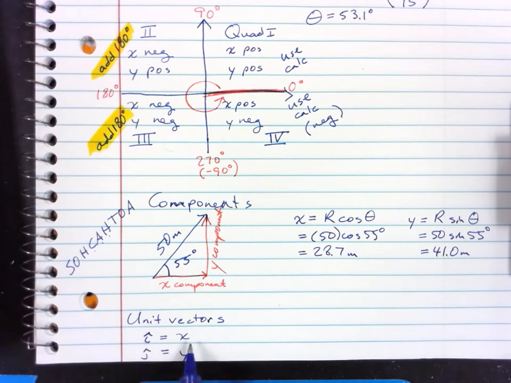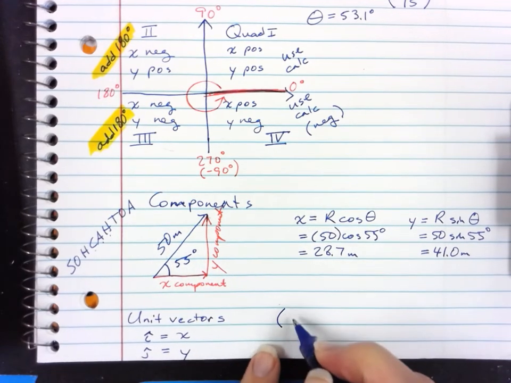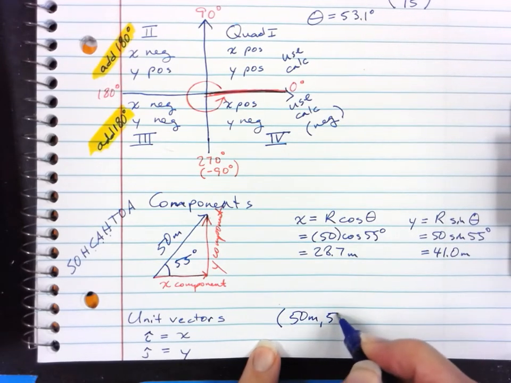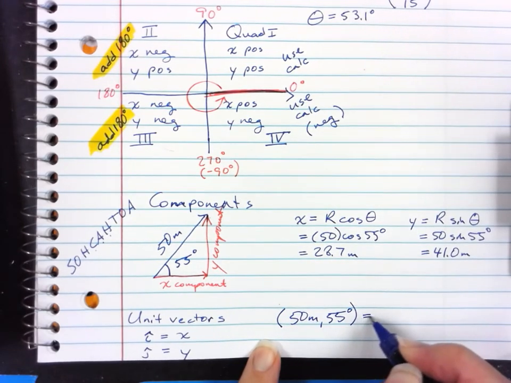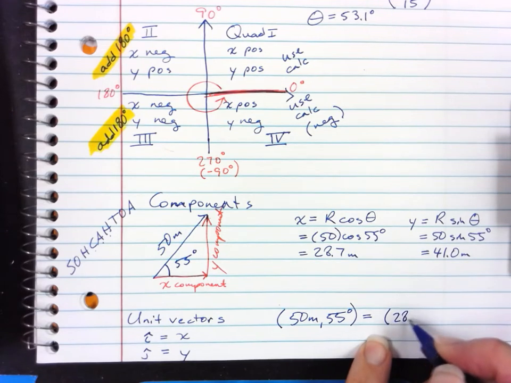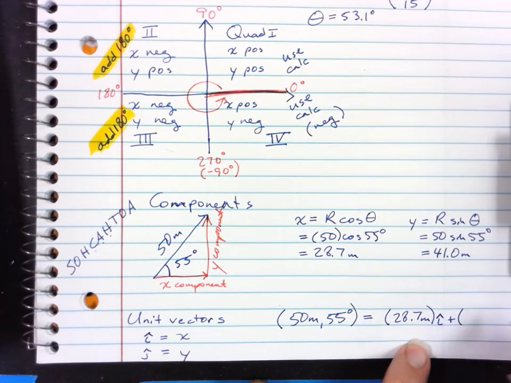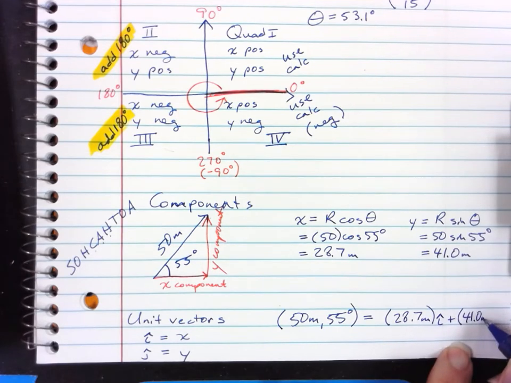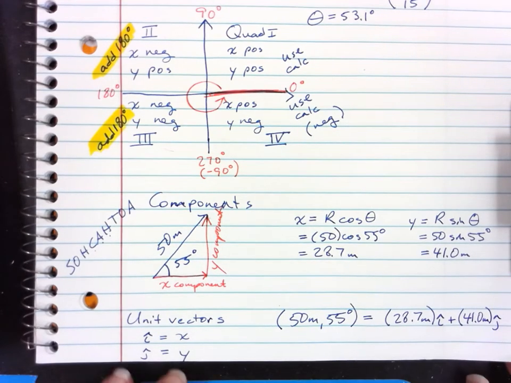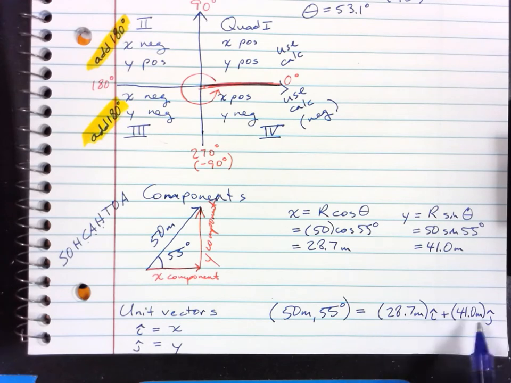I comes before J, X comes before Y. So I could write this vector we just did, 50 meters at 55 degrees, as 28.7 meters in the I direction plus 41.0 meters in the J direction. So instead of saying X component, Y component, I is for X, J is for Y.